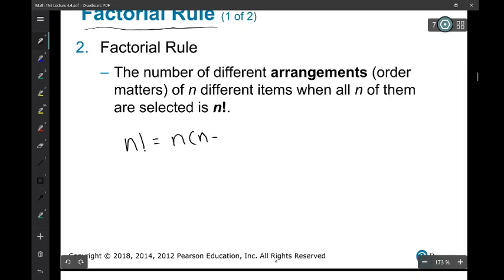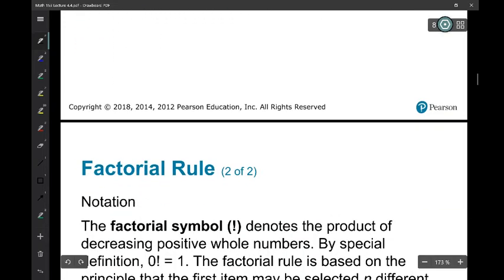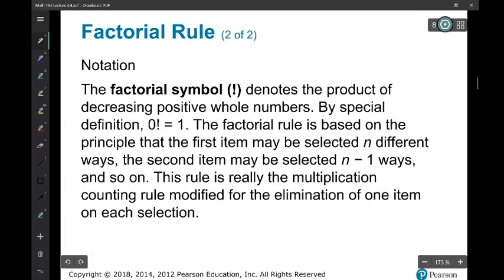So it's kind of a countdown multiplication. Then the next number before that would be n minus 2, and then down the line until you get to 3 times 2 times 1. We have a special convention that 0 factorial is equal to 1.